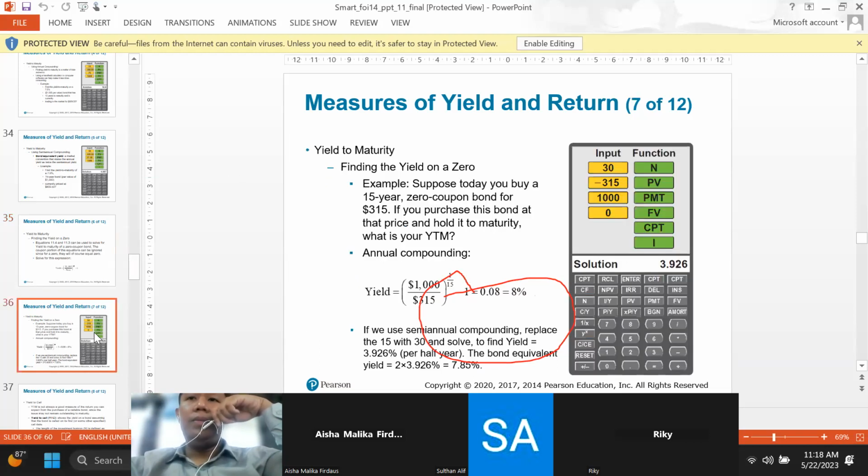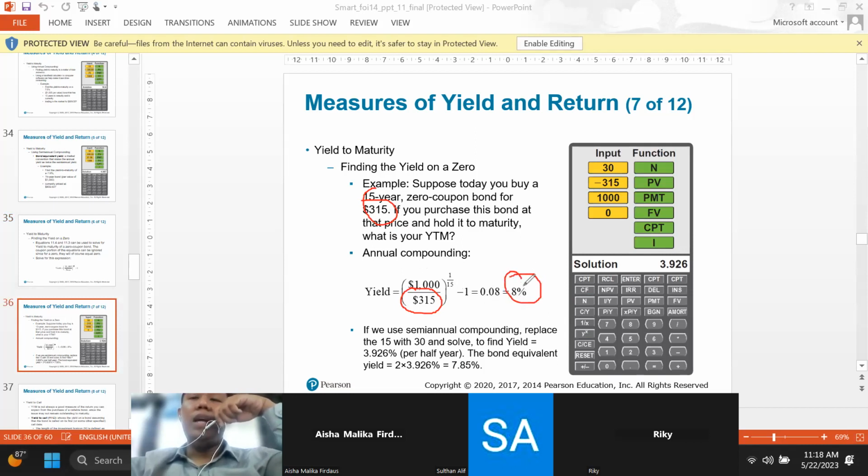Simply 1,000 divided by the discount price of 315 US dollars, to the power of 1 over 15, where 15 is the number of years, minus 1, gives us 8%.